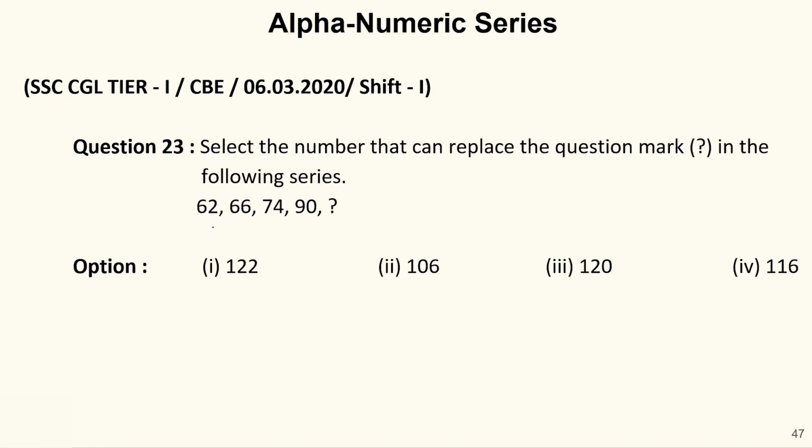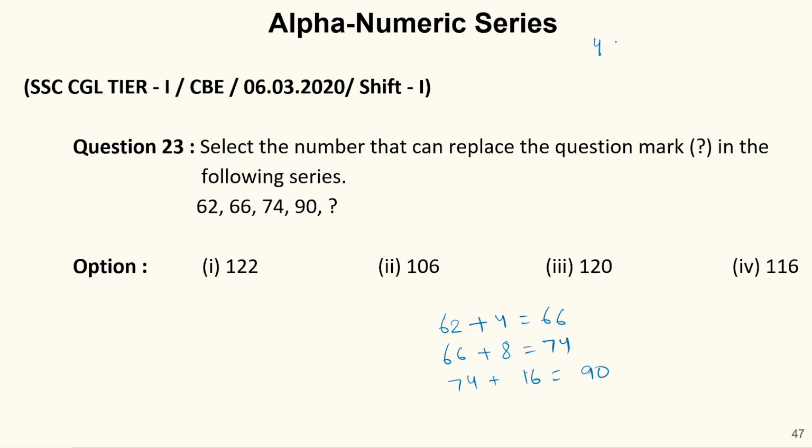Now let us look at this question. If I add 4, I'll get 66. If I add 8, I'll get 74. If I add 16, I'll get 90. So I can see that the number that we are adding is being multiplied by 2.